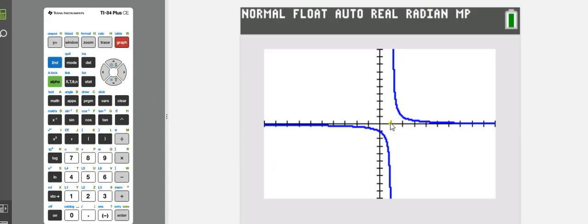Let's graph that. So here's x equals 1. Now notice what happens as you approach 1 from the left. You go to negative infinity. What happens as you approach 1 from the right? It goes to positive infinity. Remember, there is a vertical asymptote whether it goes to negative infinity or positive infinity.